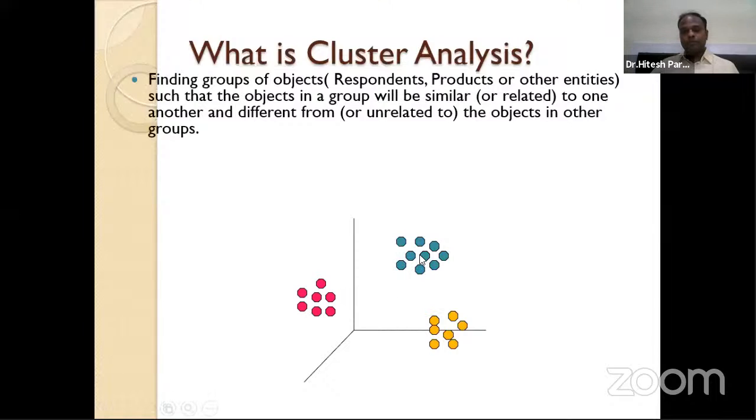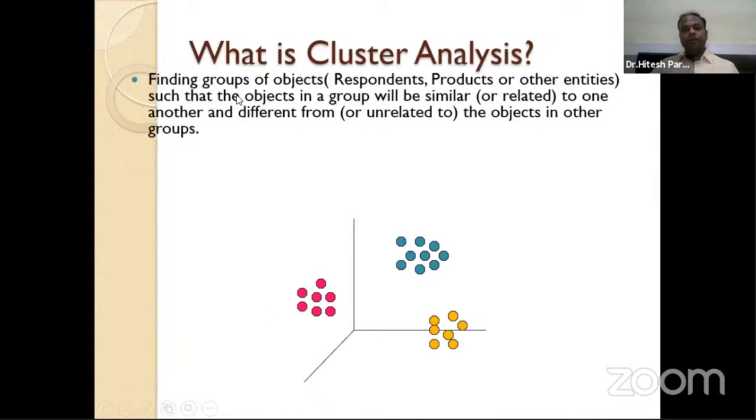Here you can observe the three clusters. These clusters have been formed in such a way that the distance between two clusters is maximum, and within the cluster, the distance between respondents should be minimum. Based on similarity, they can be clubbed.